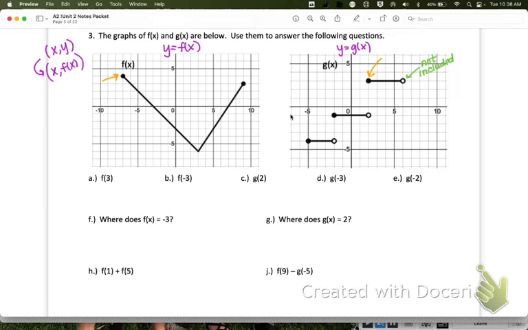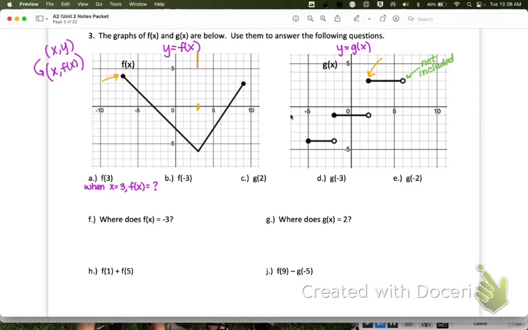Okay, so if I look at example A, it wants to know what is the value of f of 3. Now in the previous video, we talked about in words, what does that mean? And so this is kind of the question we need to ask ourselves. Whoops, I don't know where that purple line came from. f of 3 means when x is equal to 3, what does f of x equal? Okay, so we come to the f graph because that's the one it's asking us about. And we're going to look everywhere that x is equal to 3. So x equals 3 is right here.